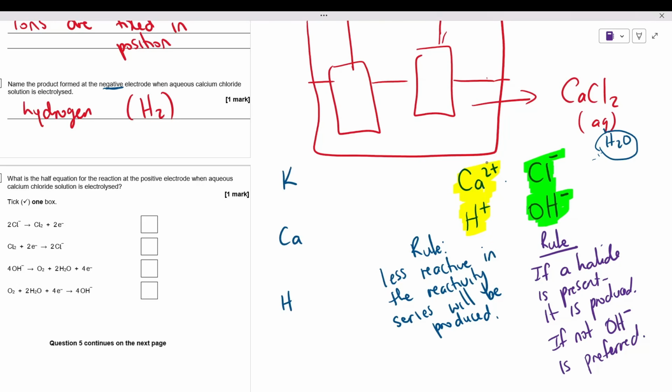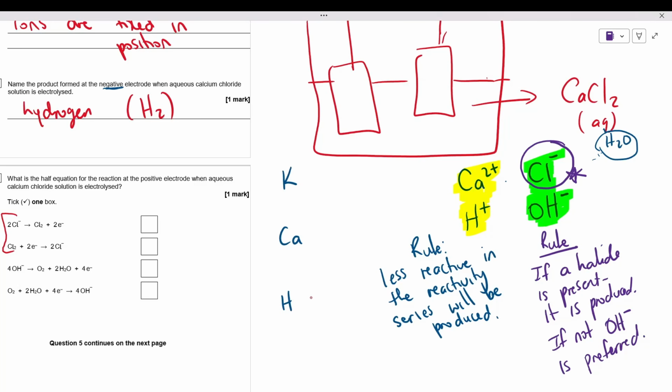So if I'm looking at this now, I can see that there's a halide present, Cl minus. So I know that in my question over here, I am going to be looking out for just my Cl minus, and I'm going to check which of those is correct for my Cl minus.